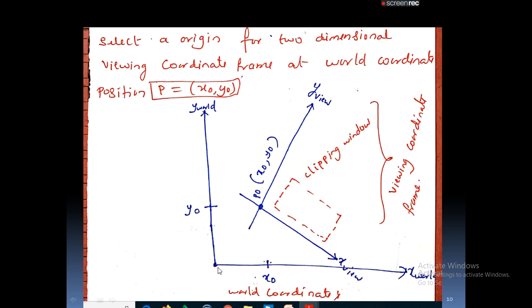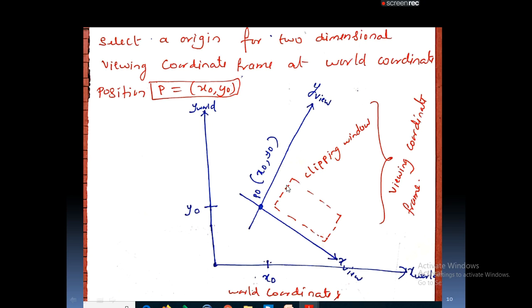When you want to map this world coordinate to viewing coordinates, you need to take an origin of the viewing coordinates. So please see that I have drawn one more Cartesian reference frame with a different orientation, so that you get clarity about which is the world coordinate and which is the viewing coordinate. Now I have defined one clipping window.